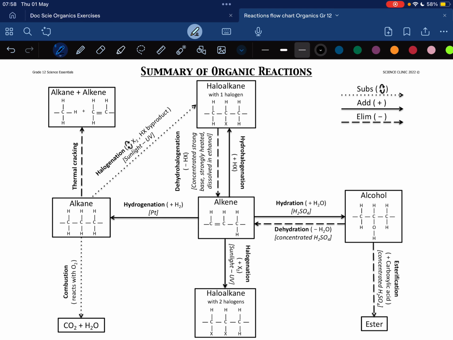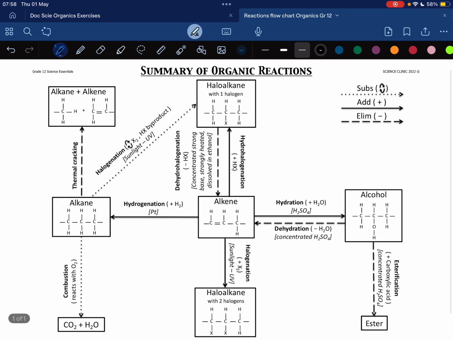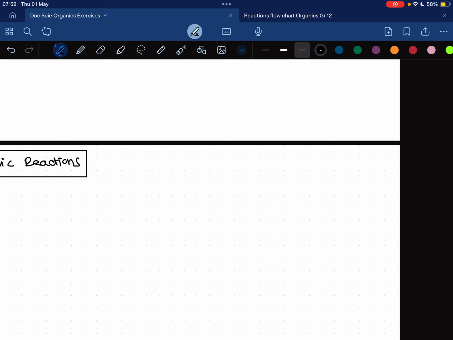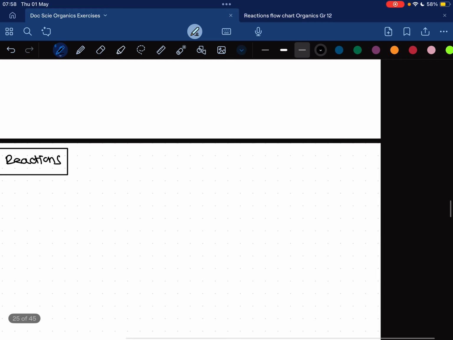So when we are done going through all the organic reactions, we can use this table to help us answer the questions. Okay, so the date will be the 12th of May.